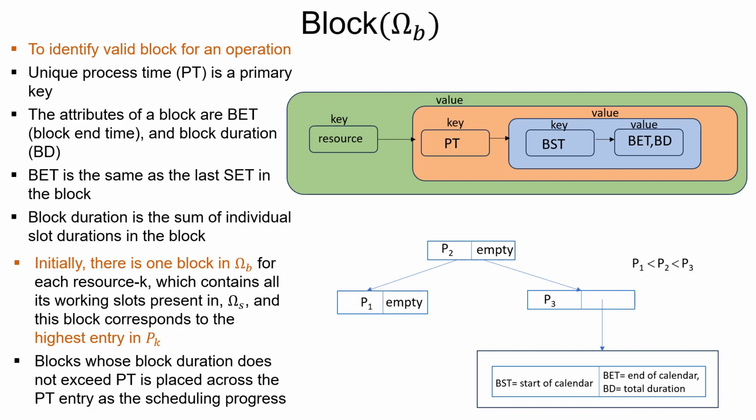Blocks whose block duration does not exceed the processing time are placed across the processing time entry as the scheduling progresses. So we will have multiple blocks processed over this unique processing time, which will help us to reduce the search time of finding a valid slot in this algorithm.